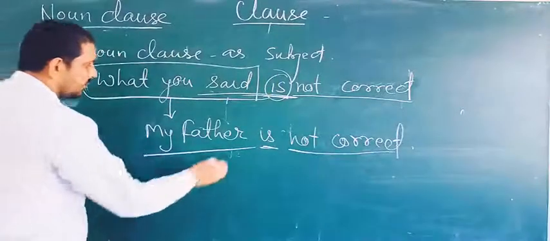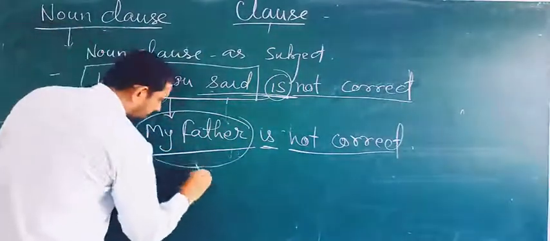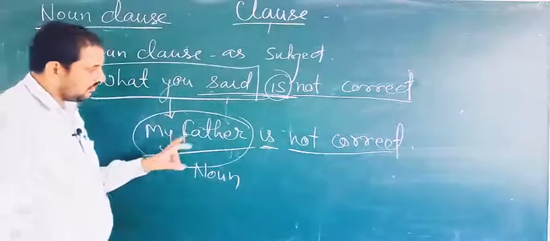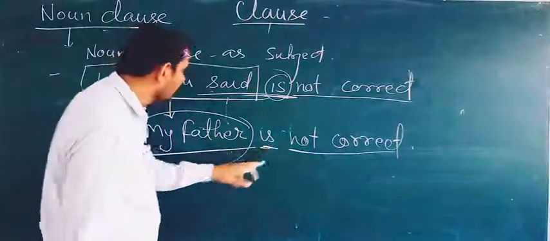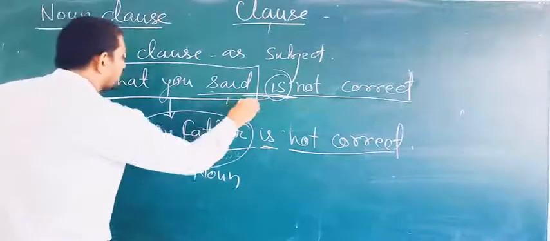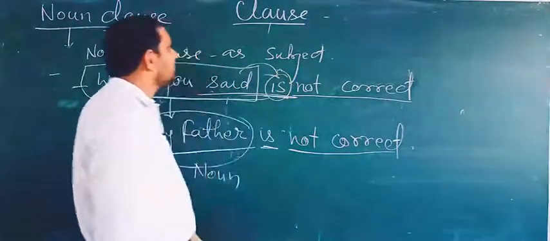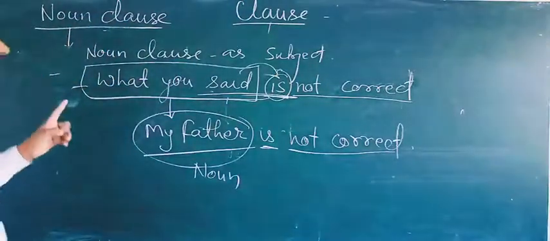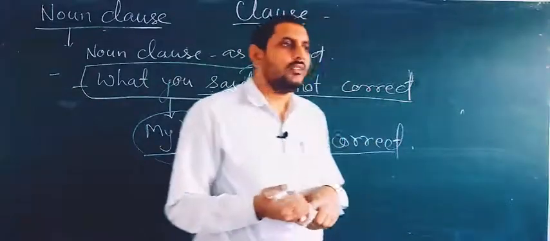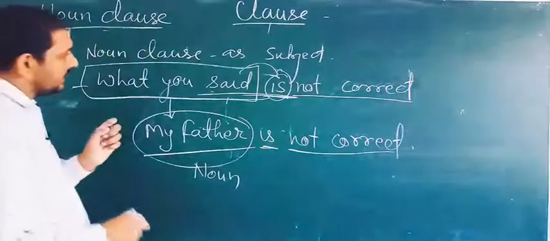So this is a noun that is working as the subject of the verb is. Same in the above sentence, "what you said" is the subject of the verb is. So a noun clause can function as a subject of a sentence.